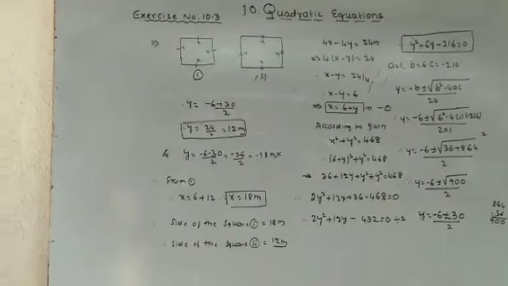Therefore, the required sides: side of square 1 is equal to 18 meters, and side of square 2 is 12 meters. This is the method. Okay?